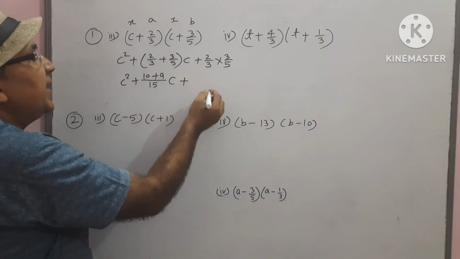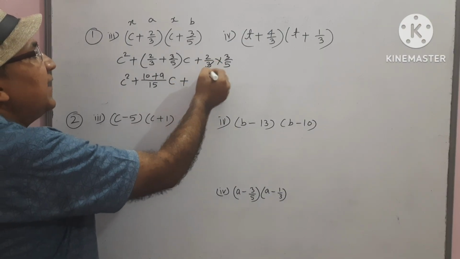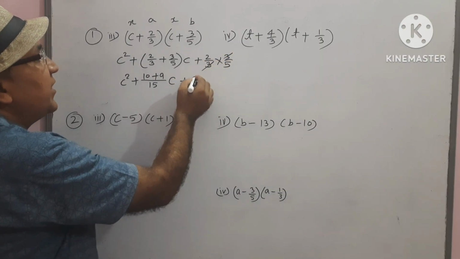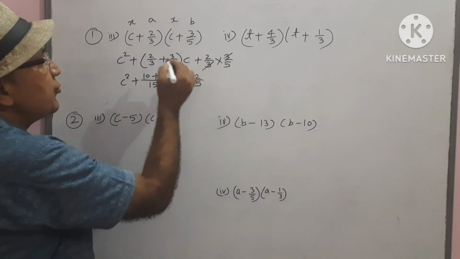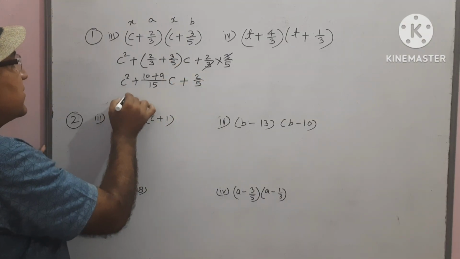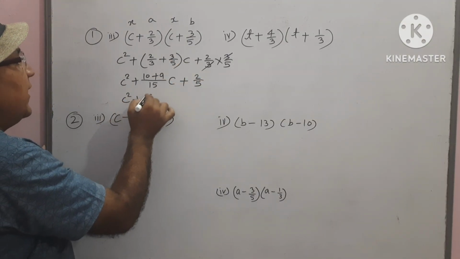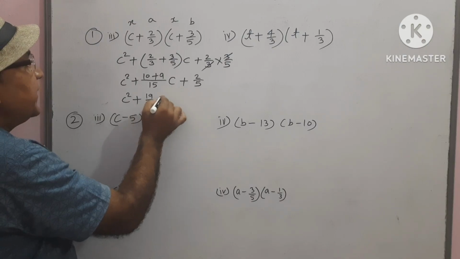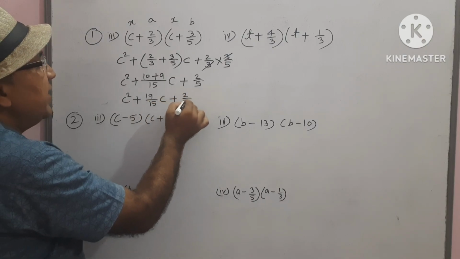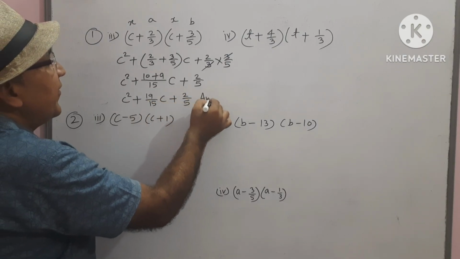Then C plus, here you can see that 3 is dividing 3 by 1 times, so remaining is 2 by 5. So your answer is C square plus 19 by 15C plus 2 by 5.